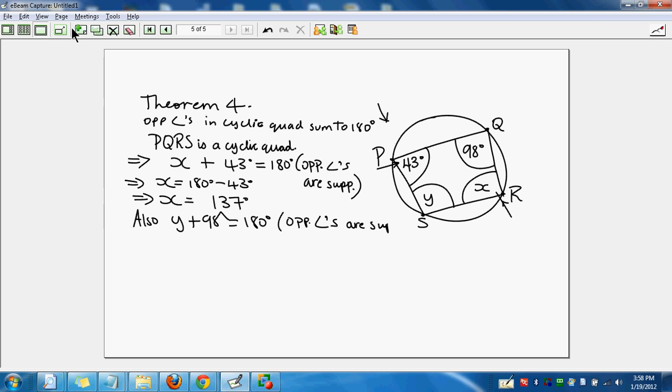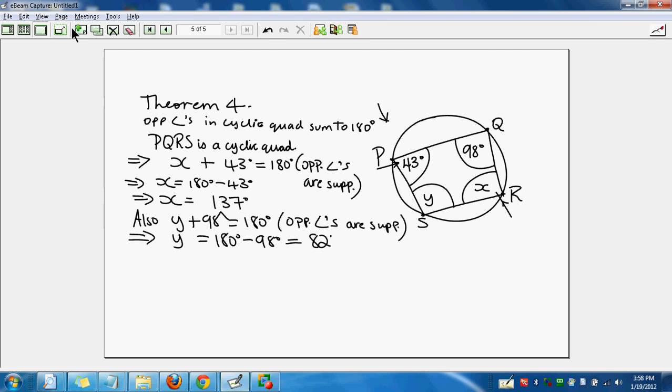So you give them the reason when you make the statement, and now you could solve for angle Y by saying angle Y is 180 degrees minus 98 degrees. So angle Y is 180 minus 98, which works out to be 82 degrees.